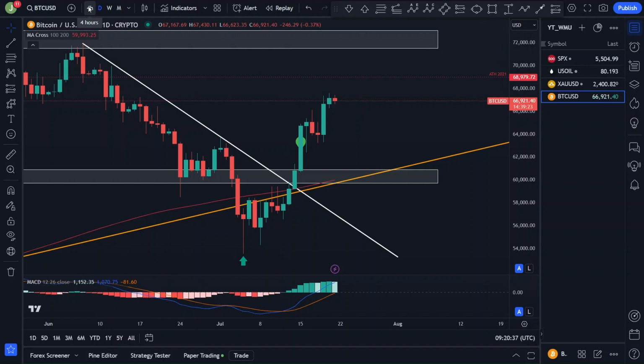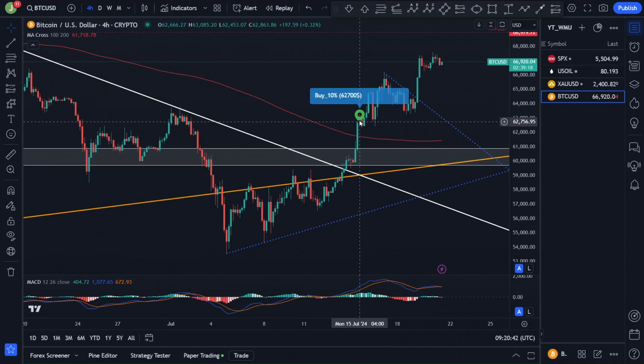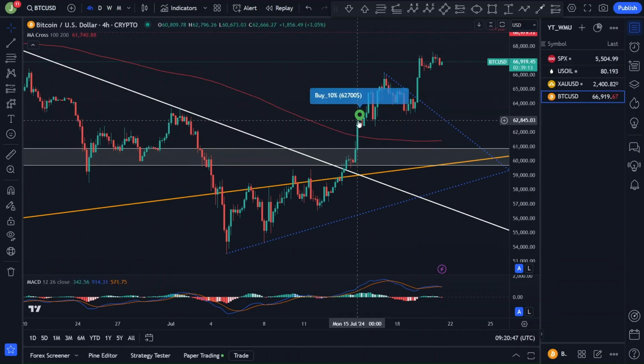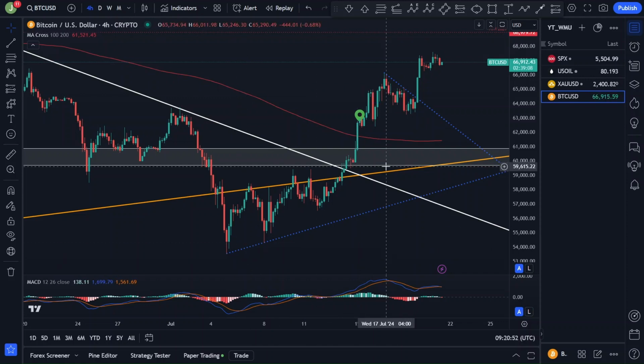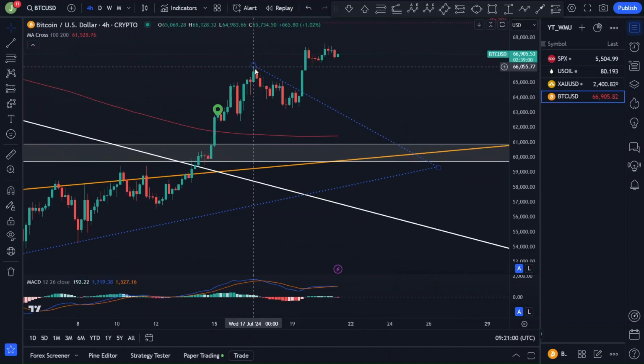On the 4-hour time frame, what can we see? You can see where I bought. I bought when I saw a cross of the 200 moving average to the upside. Then I was absolutely sure that this low is in and we are not going back below it. Then another good scenario where a trade would have been possible, but I missed it, was this smaller consolidation correction.